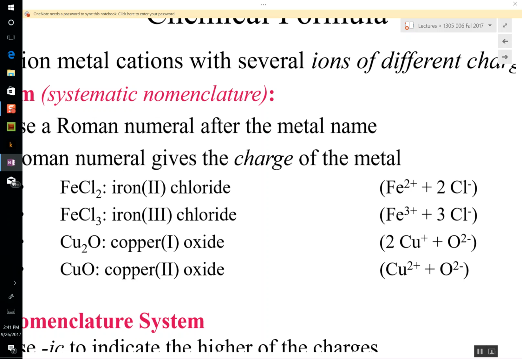Don't think that iron 2 means there's 2 irons. No. So that's iron 2, so let's put iron 3 over here. So we've got an iron 3, so we say iron 3 chloride.